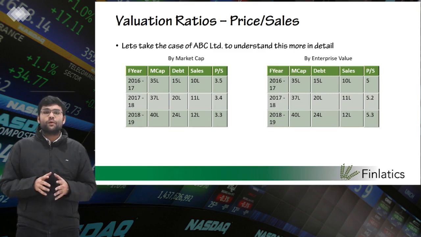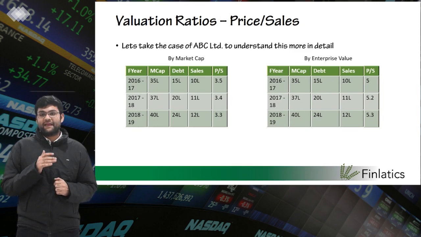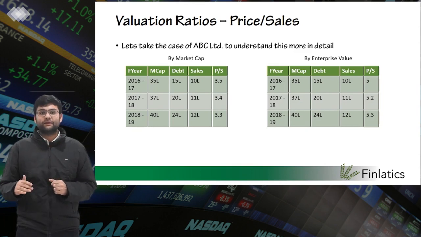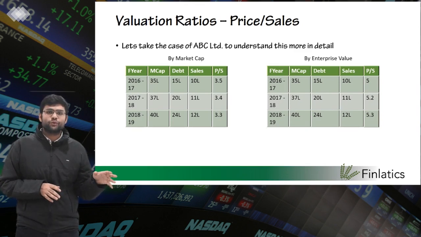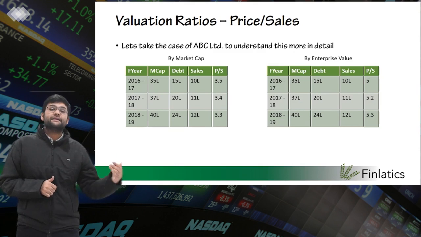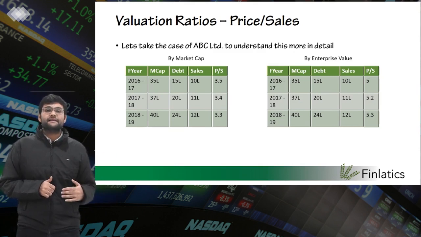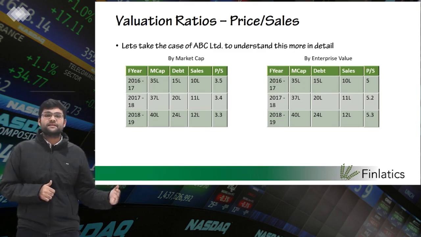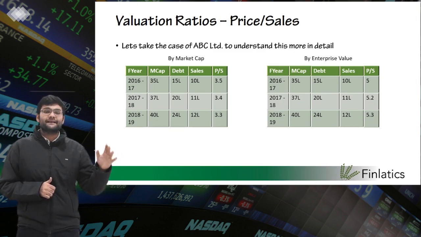In the first case, when price to sales ratio is solely determined by market cap, we can see that the price to sale ratio of ABC Limited is going down, signaling a healthy measure. In case 2, where price to sales ratio is determined by enterprise value, we can see that the price to sales ratio of ABC Limited is going up, signaling an unhealthy sign.